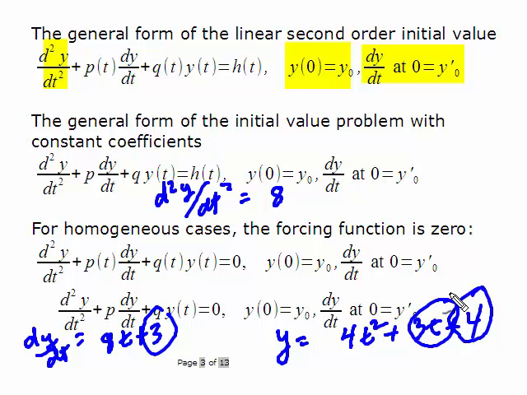It's a two-dimensional problem, so you need two initial conditions. And the two initial conditions that we use are the value of the function at some time t0, I put 0 here, and also dy by dt evaluated at 0, which is often called y prime at 0. Remember, in this class we're using prime, hopefully not too many times in these notes, but often in the book the prime can mean a derivative with respect to time.